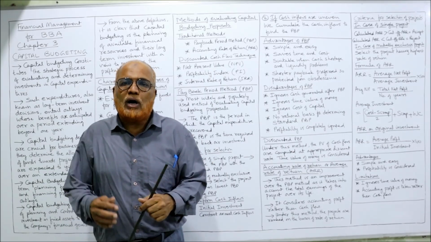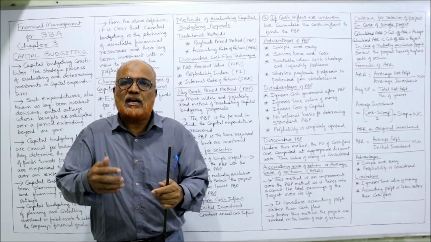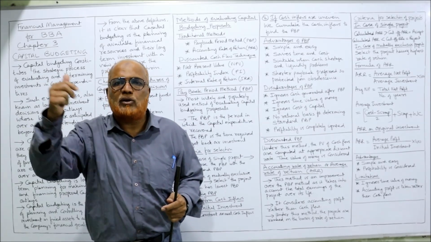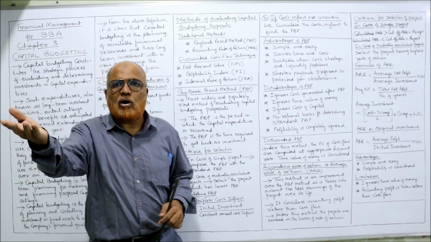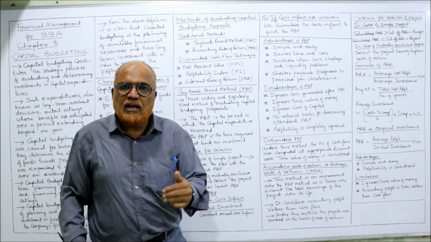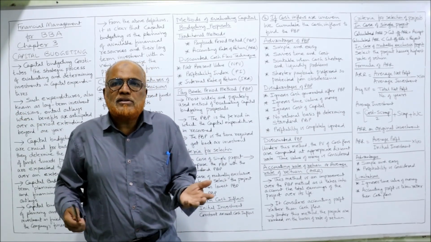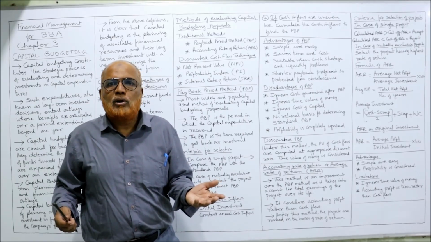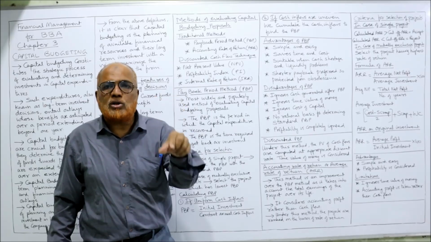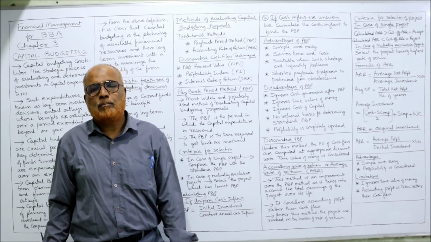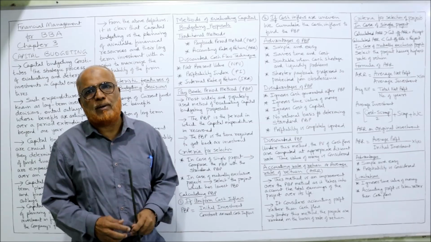It is useless to earn, suppose, 20% when we are paying a cost of 25% on our capital. What is the point of running the business? We are paying the cost 25% and we are earning 20%. That means the project is not good. So whenever we evaluate the project, we must consider the cost of capital to the company. But PBP ignores the cost of capital.